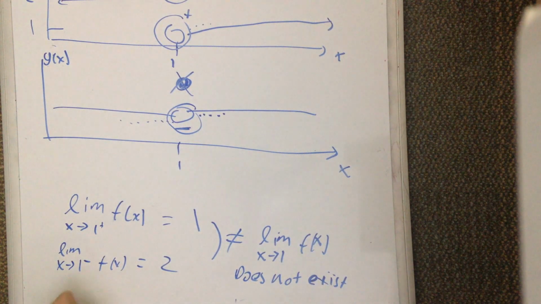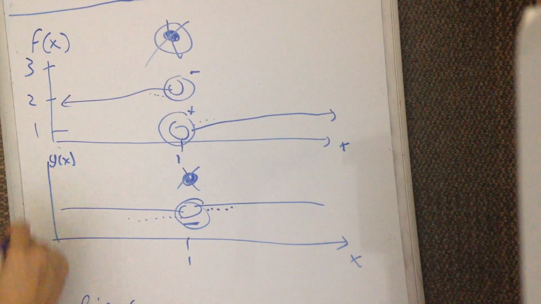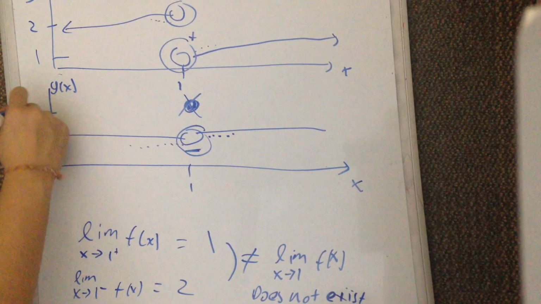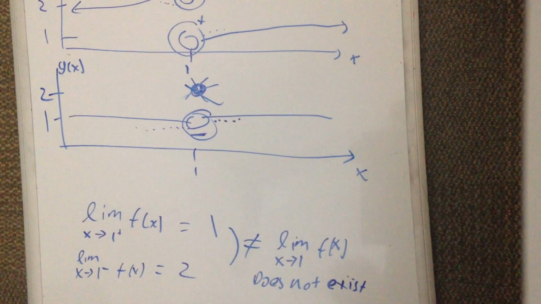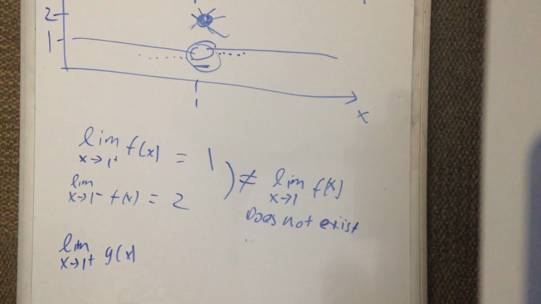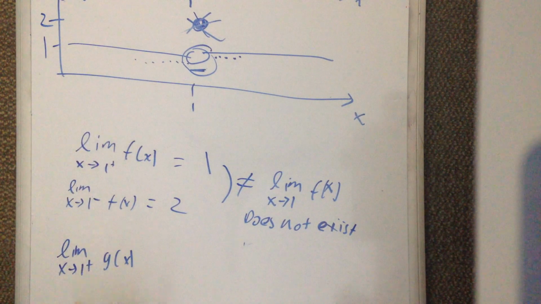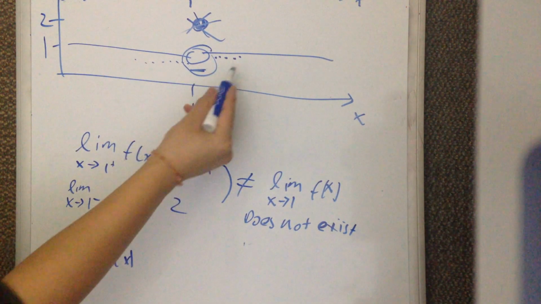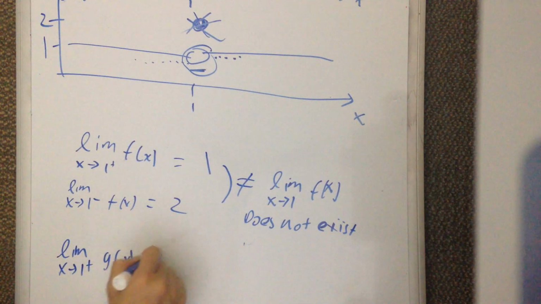Anyways, now let's do the same thing for g of x. Let's assign a value, and this is 2. Remember, this thing is not right. It's completely wrong, and so we're never going to get 2. But we can see that as we walk from the positive side, that's what this plus means, we get 1.